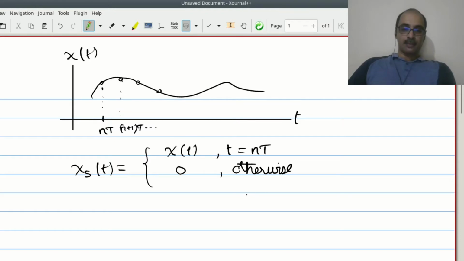The problem with this approach is that the resulting signal x_s of t can be shown to be a so-called zero energy signal.